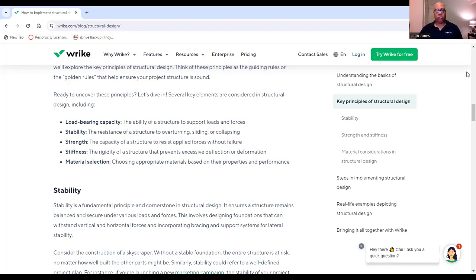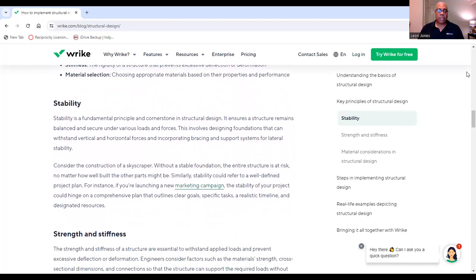When we deal with stiffness, it's the rigidity of a structure that prevents excessive deflection or deformation. Then finally, material selection. This happens to be one of the most important items, because choosing appropriate materials is going to be based on their properties and performance.